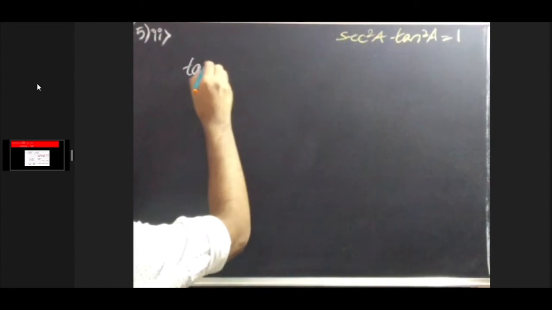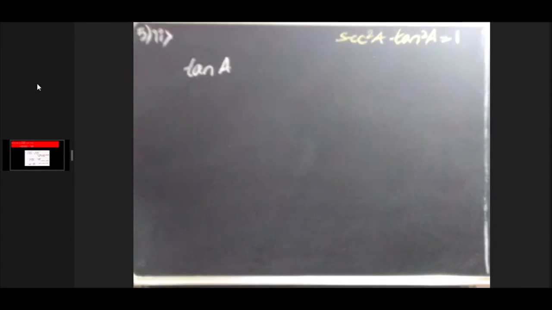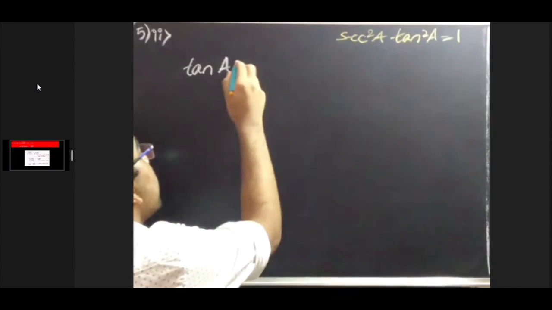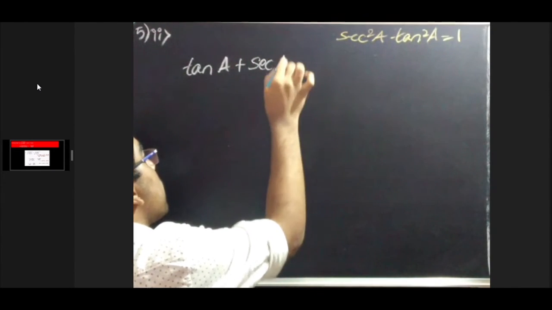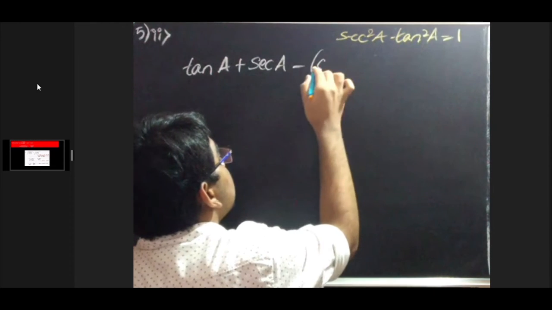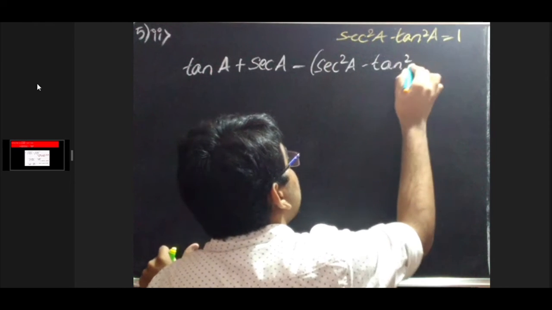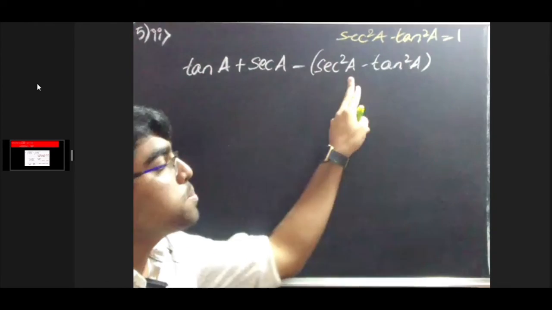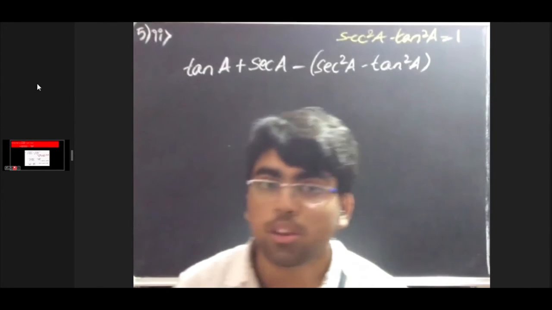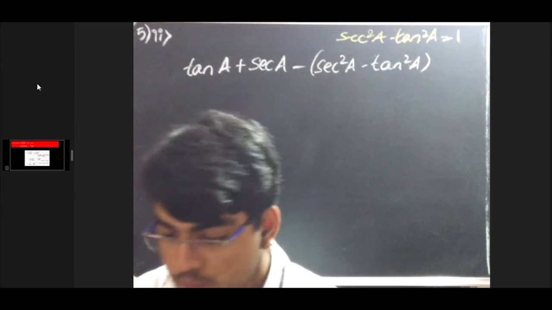Then tan A plus secant A minus secant square A minus tan square A, because here in this part they have given it as 1. Let's only put it either for the numerator or for the denominator, not for both.